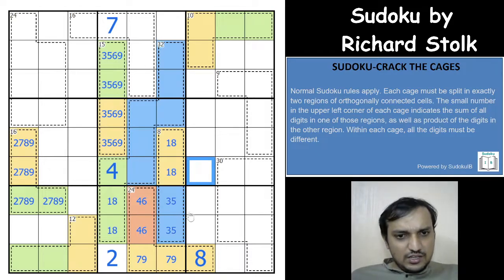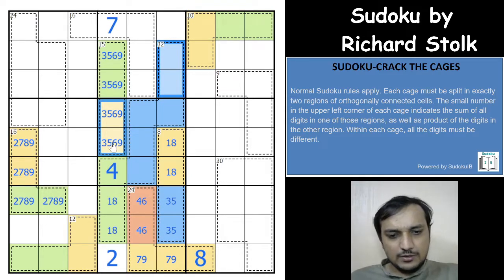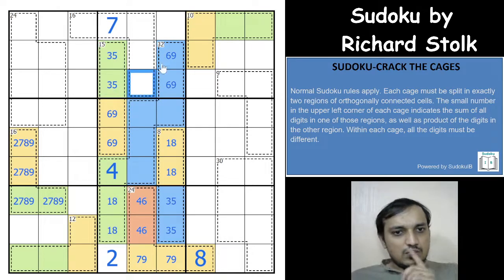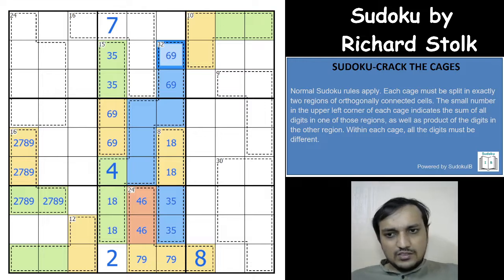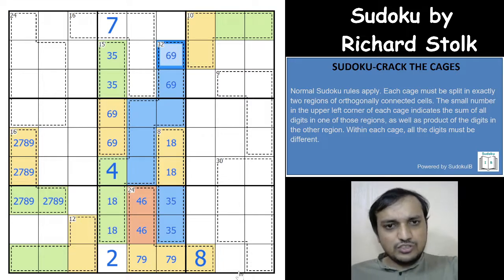So that is excellent. So getting a 3 5 here can eliminate 3 5 from here. That indicates that this 3 5 cannot be here, because the moment you have a 3 5 here, this would have to be a 3 5. So this is 6 9, this is also 6 9, this is 3 5. That is excellent. That is a really good start to this Sudoku.